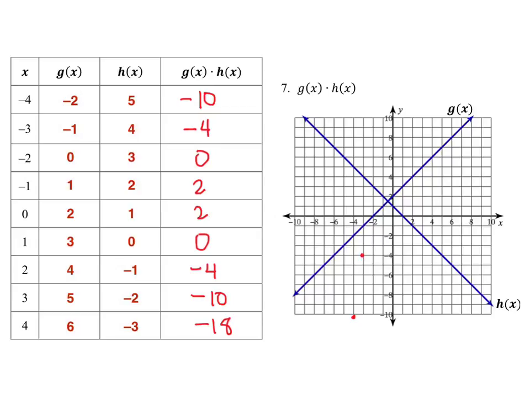Negative 2 is at 0. Negative 1 is at 2. 0 is at 2. Back to 0. And then negative 4. And then negative 10.